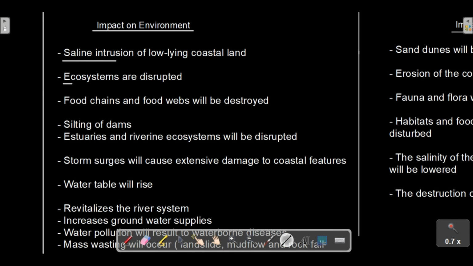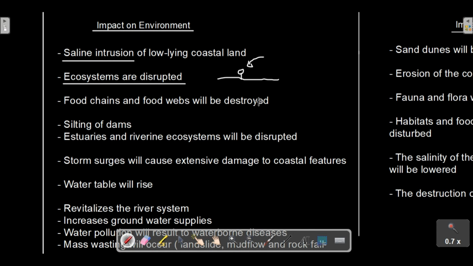Ecosystems are disrupted, okay, as I said, because now you are going to have changes in the soil. That means that the plants that are growing on the soil will have a negative impact, and hence the animals that feed on these plants are going to be affected as well.